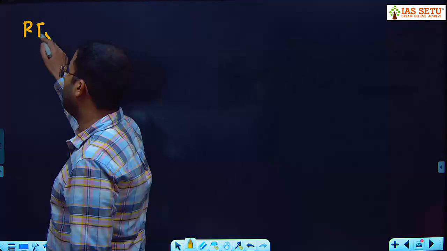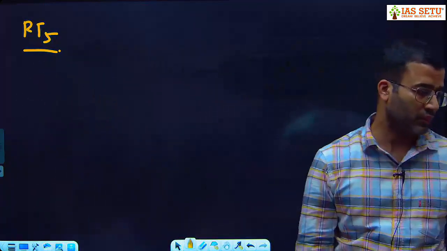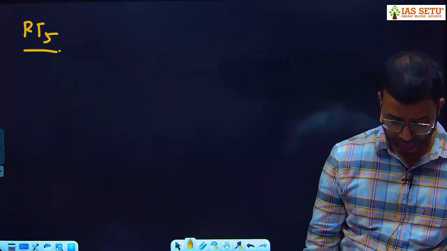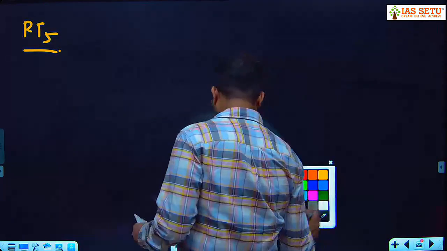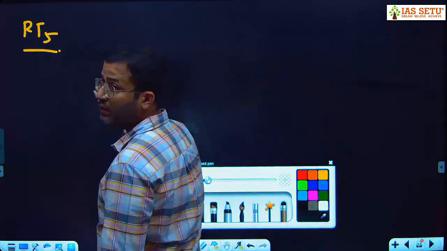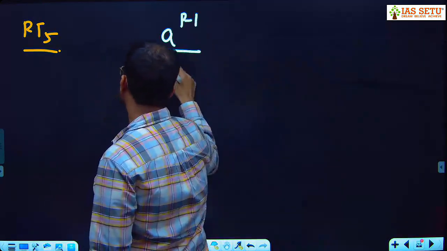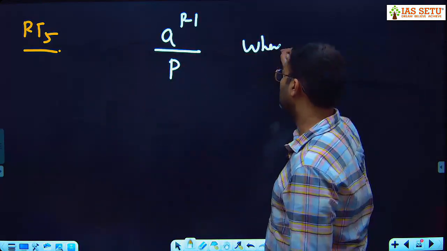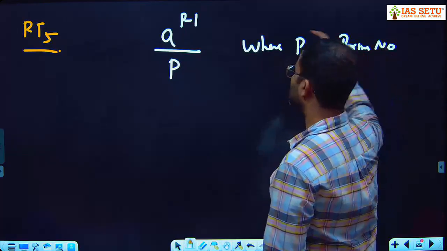Remainder theorem 5. Now here, if we have an expression like a to the power p minus 1 upon p, where p is a prime number, जो denominator है वो prime number है, and power is 1 less.